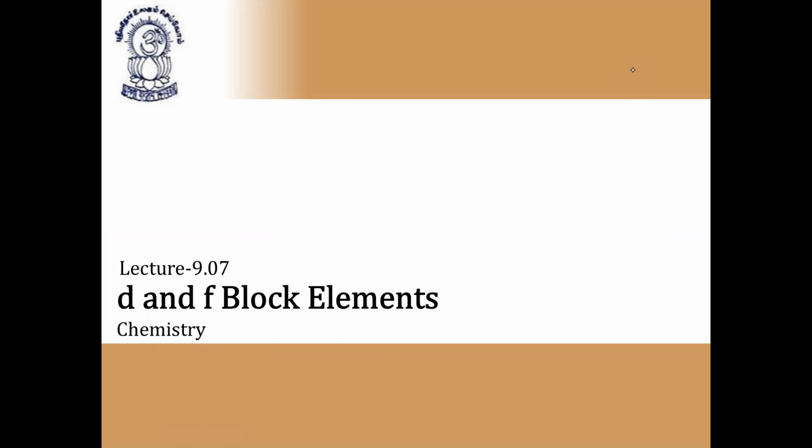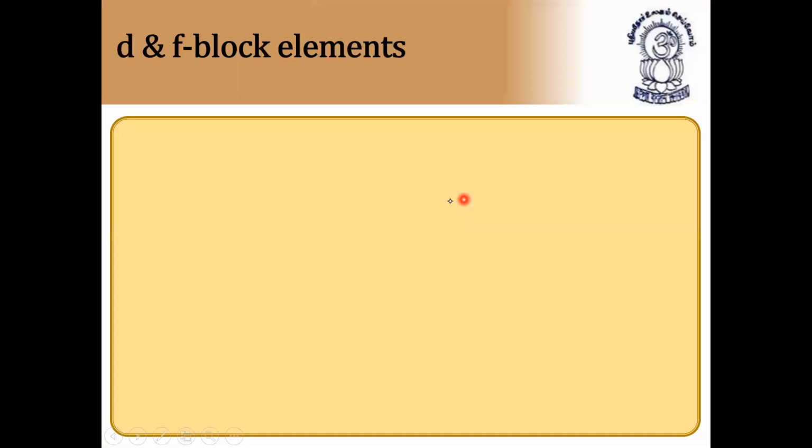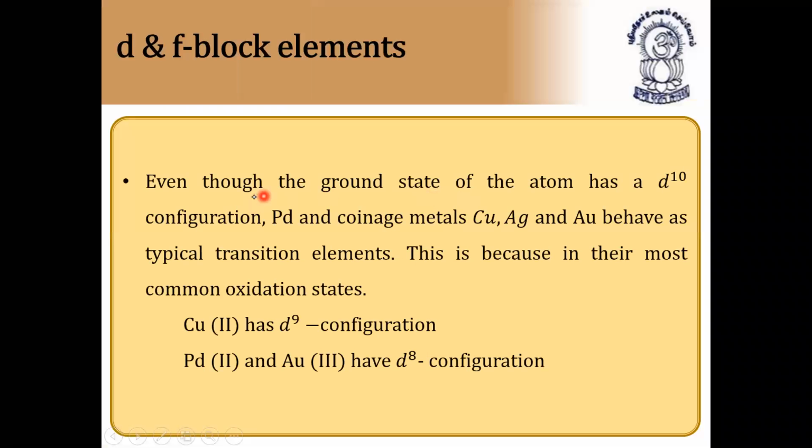Now, coming to important points regarding d block elements. Even though the ground state of the atom has d10 configuration, this is the final summary of the chapter. Palladium and coinage metals like copper, silver, and gold behave as typical transition elements.